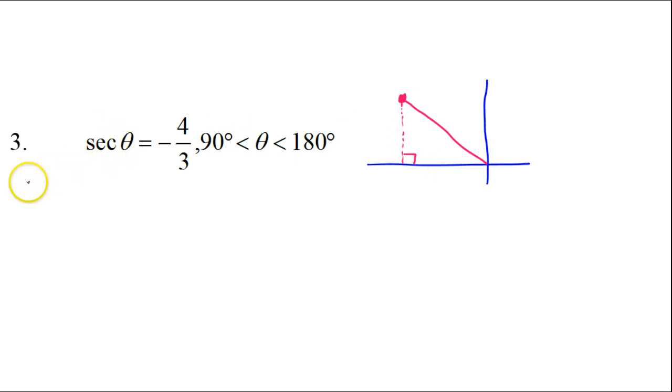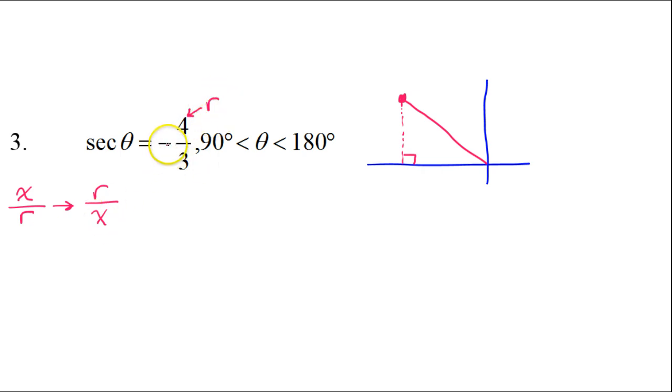Okay, secant is the reciprocal of the cosine function. So whereas cosine is the x value over the radius, the secant is going to be the radius over the x value. Now the radius is always positive. So this 4 must be the radius.